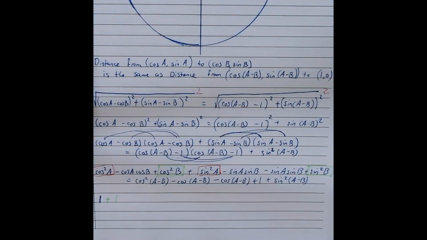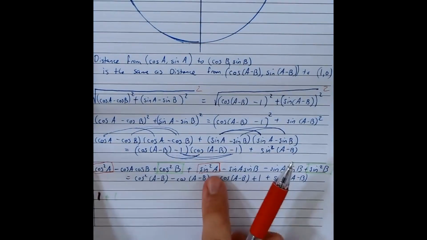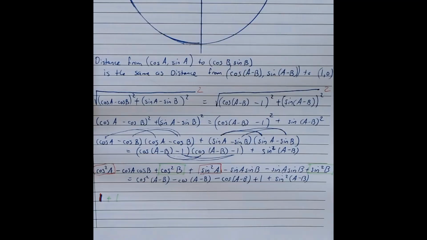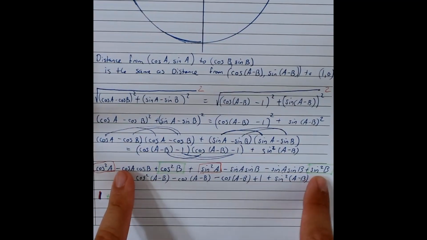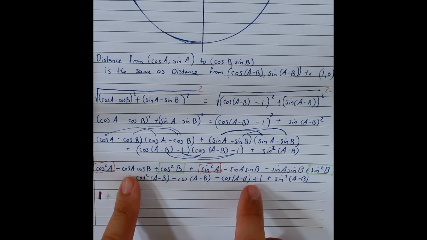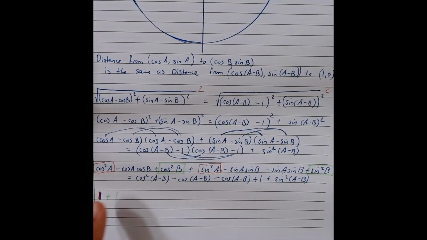Here, let me color code. Let's make that one in red. So that's going to be 1. That one's also going to be 1. What else? Well, here, let's still stick with this side here. And here I have some terms that I can combine. Oh, my apologies.